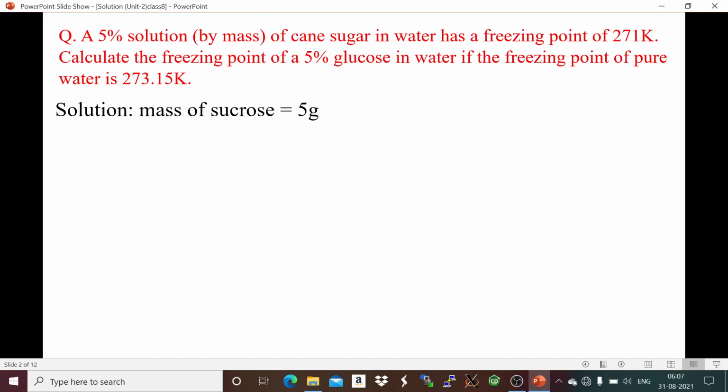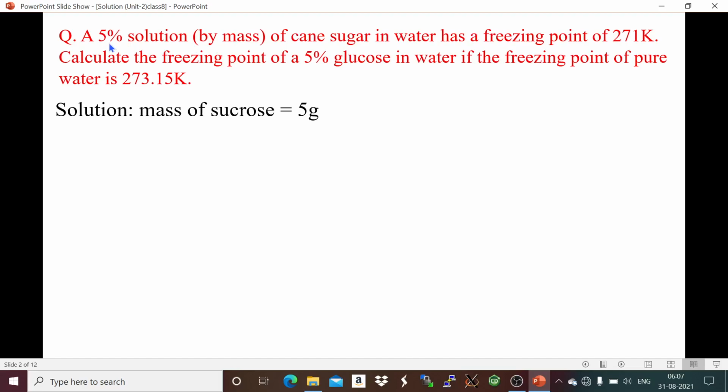mass of sucrose is given, no? 5% cane sugar. So mass of cane sugar is given. So you can write here cane sugar. Mass of cane sugar is given. It is 5% solution by mass. That means mass of cane sugar is 5 gram.